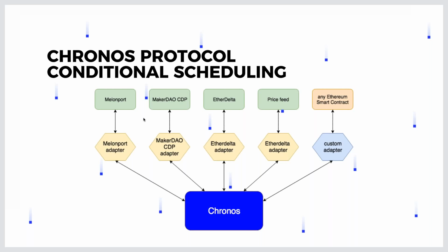When you use Plasma, you might want to watch the Plasma chains in case of problems or invalidity on the Plasma chain. You want to move your coins to the parent or another Plasma chain, and I don't think people are going to do that manually.